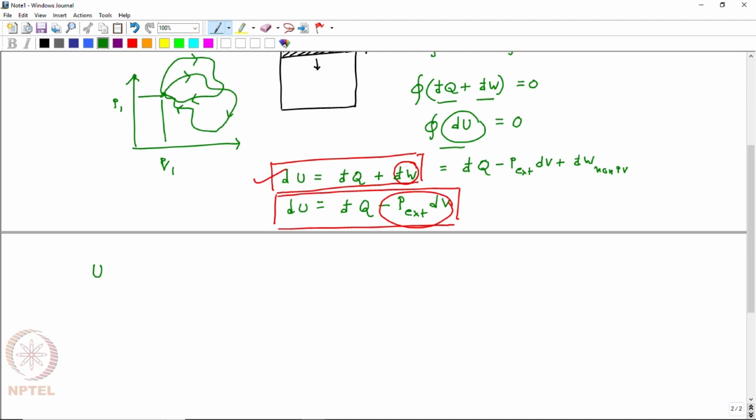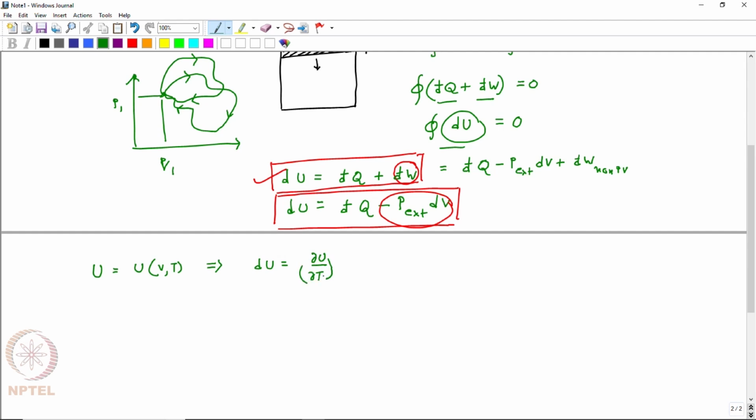We can write it in terms of volume and temperature, and then expand the differential. It's just the chain rule of partial differentiation, and then what you discover is that this dU, the total differential of the internal energy, can be written as the partial differential.